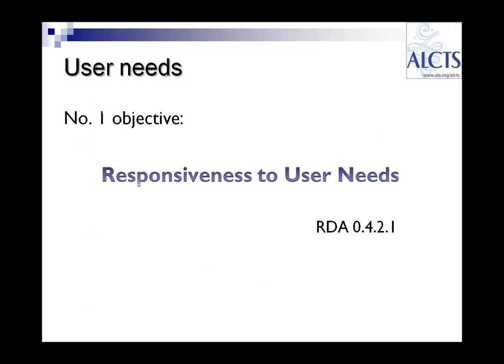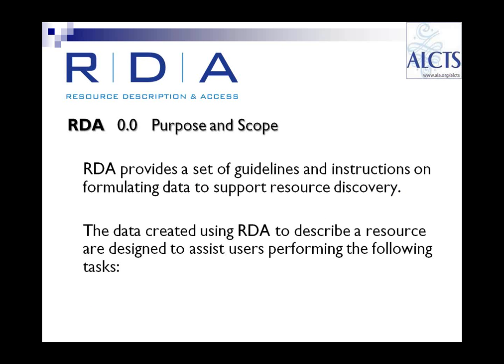Now let's look at the number one objective. The number one objective in the development of RDA was responsiveness to user needs. And RDA opens up right away at 0.0, saying that it's a set of guidelines and instructions on formulating data to support resource discovery.